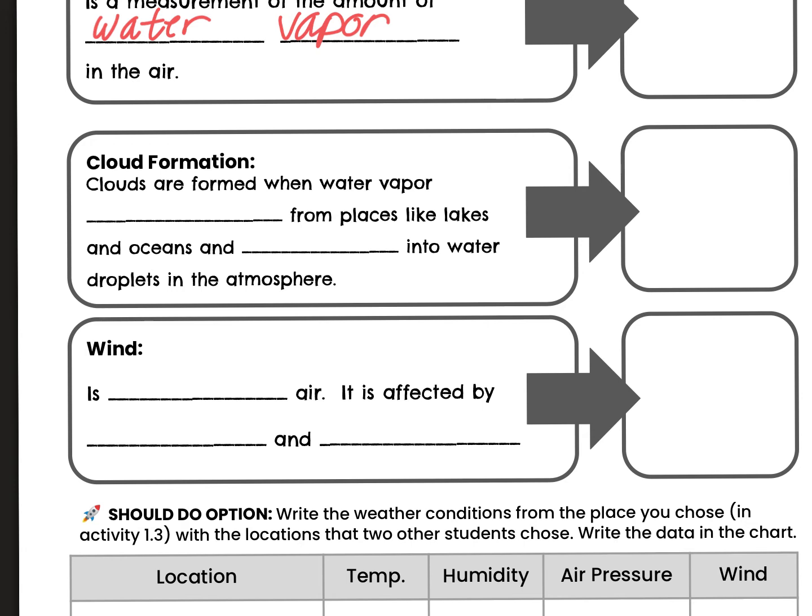Clouds are formed when water vapor evaporates from places like lakes and oceans and condenses into water droplets in the atmosphere.